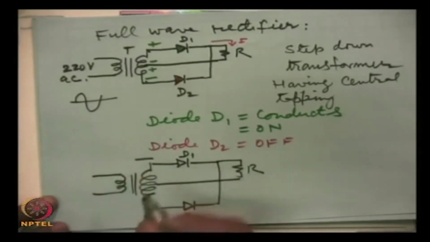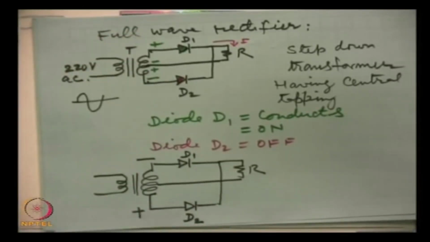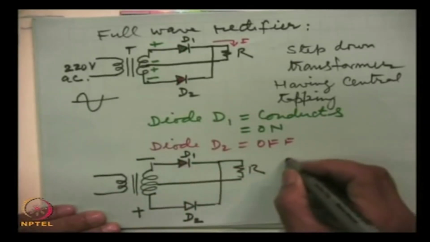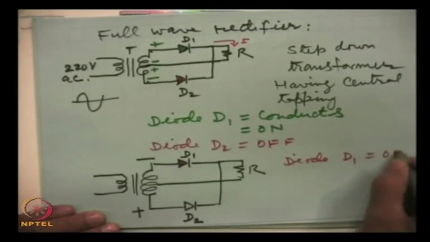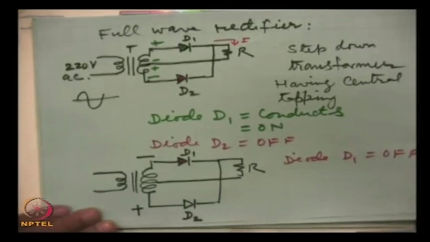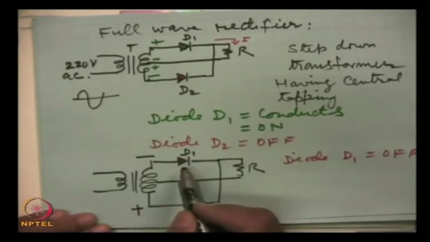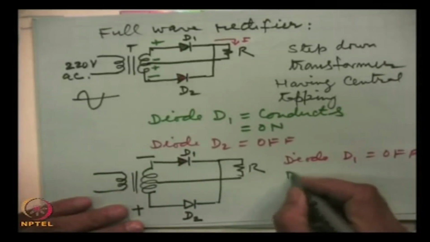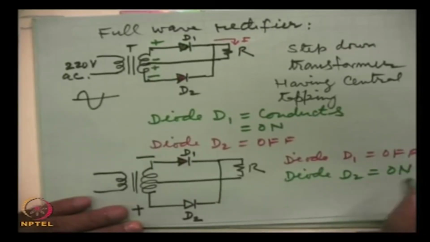Now, this will be minus, opposite of this. In this case, diode D1 will be off, and it will offer very high resistance, ideally infinite. So, we can take the circuit as discontinuous here, but D2 will be forward biased and this will be on.